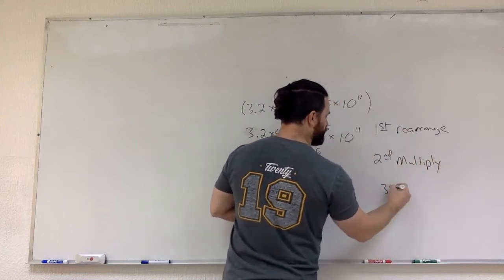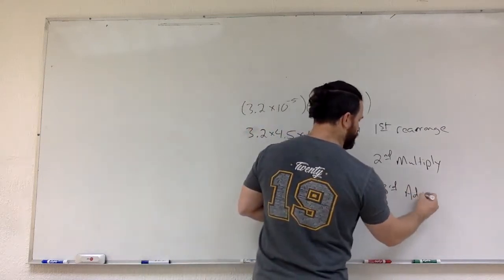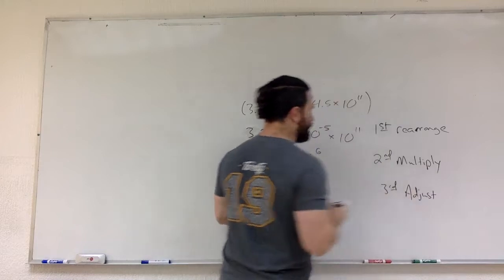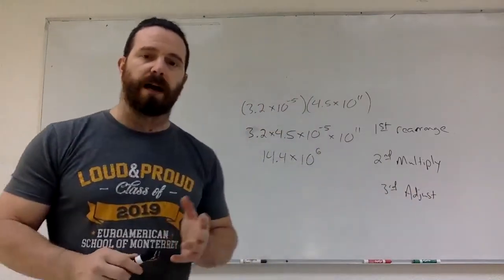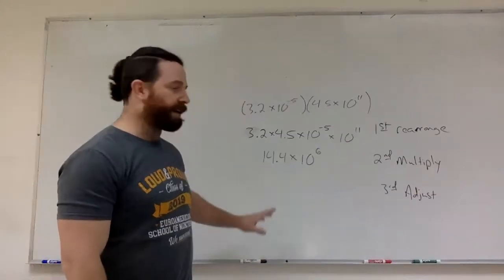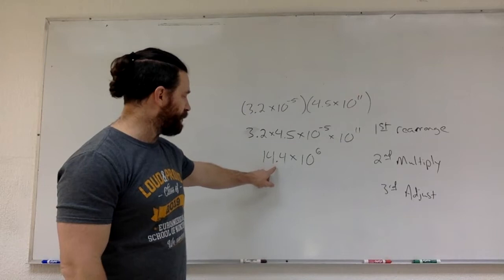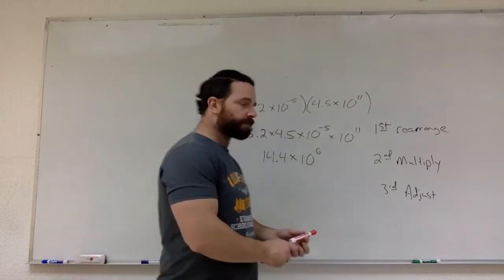And now your third step is going to be adjust if necessary. Remember, scientific notation is proper when there's only 1 digit in front of the decimal. Right now, I have 2 digits in front of the decimal. So I have to move my decimal 1 place this way.